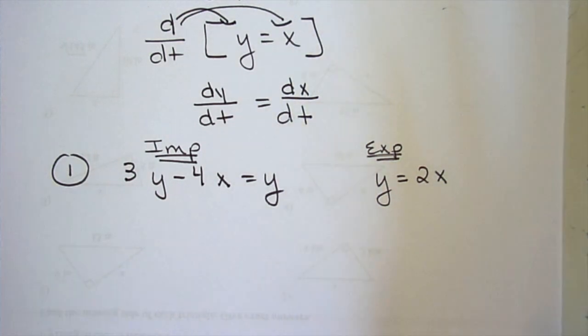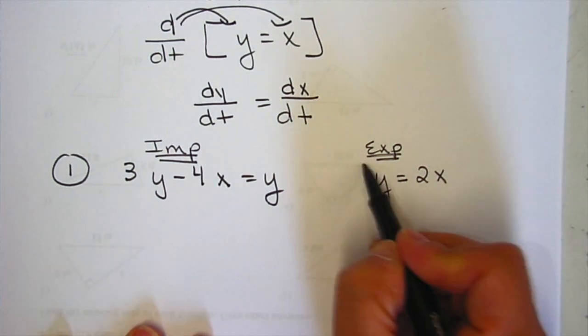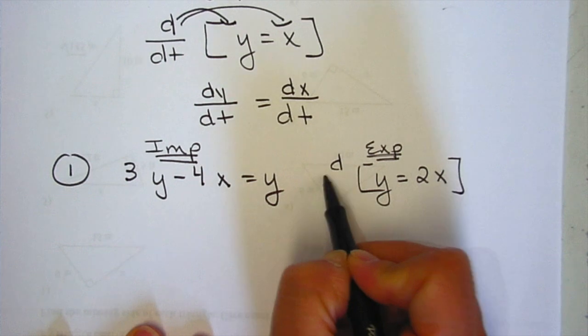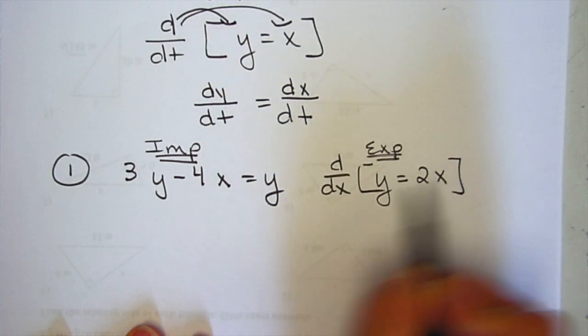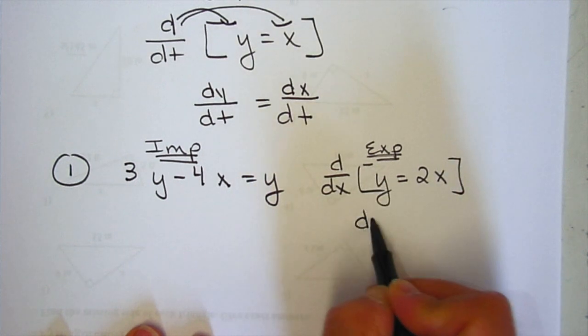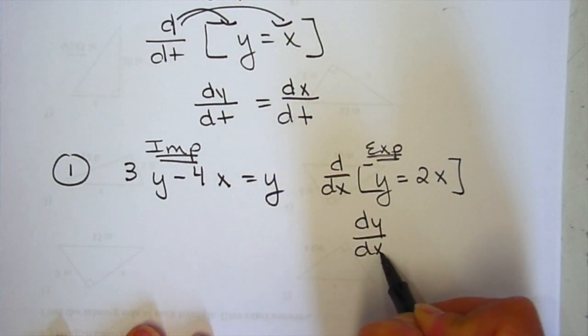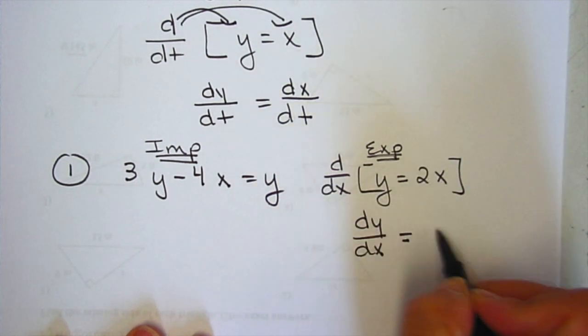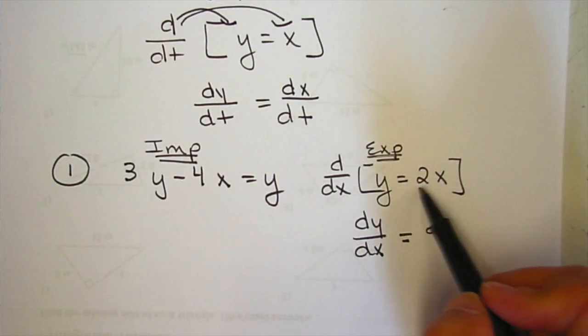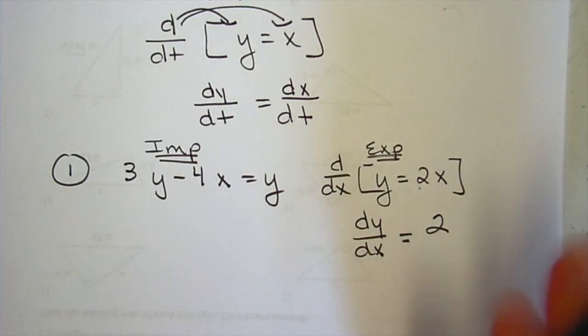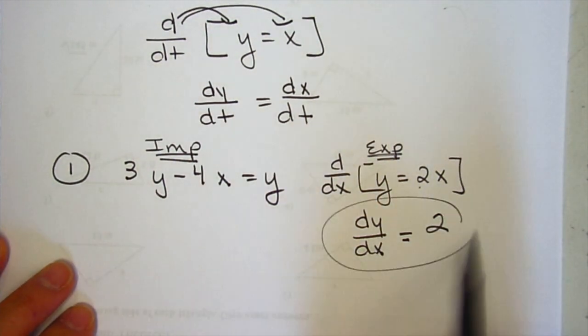I know that you know really quick in your head y prime is equal to 2, but I'm going to start using this notation. So differentiating this equation, you're going to get dy dx, which is y prime. This becomes just 2. We know the derivative of 2x is just 2. It's really 2 times dx dx, but again, we don't write that dx dx. So this we already know how to do.